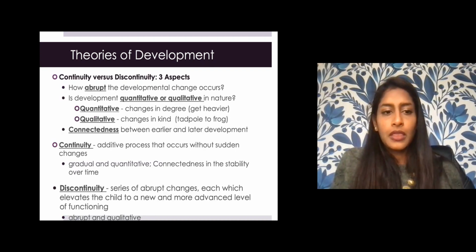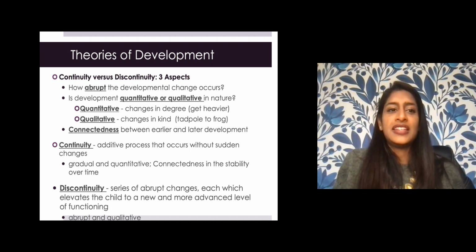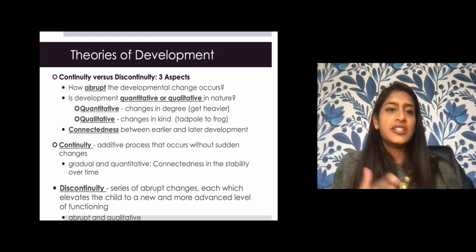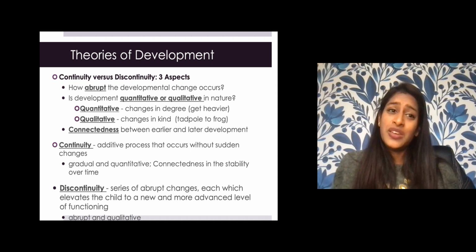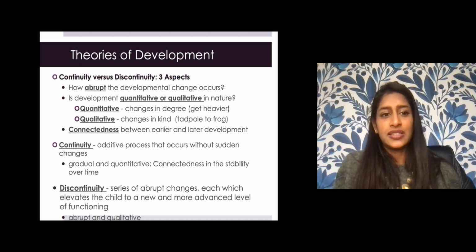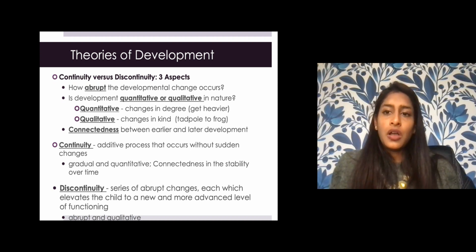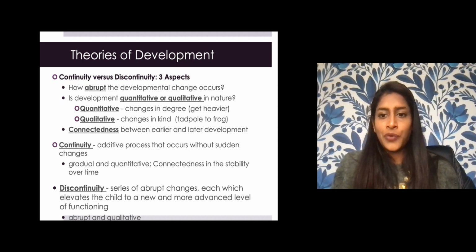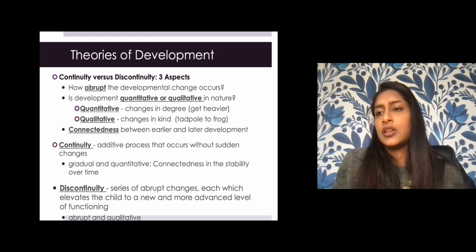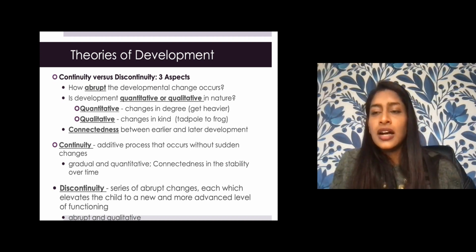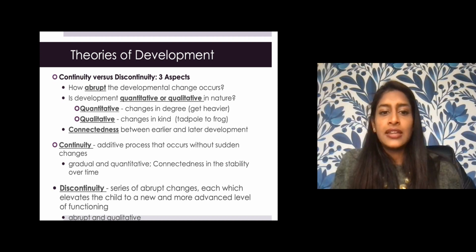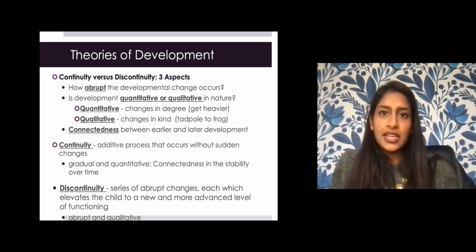Okay. We then have this idea of our development. Is it continuous or is it discontinuous? Well, again, when we think about our growth, we might look at a child. So you see a kid and all of a sudden, so they're crawling, you come back, you see that same kid and they're walking.